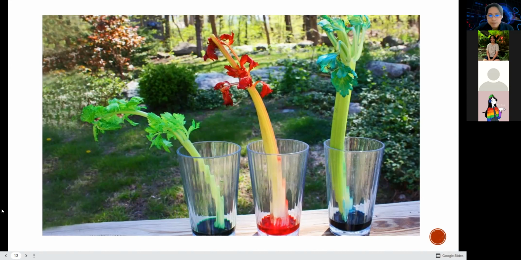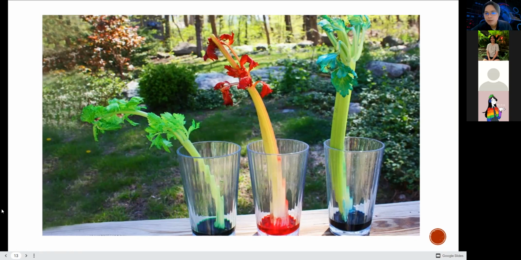The xylem carries water and other minerals towards the upper part of the plant, against gravity.